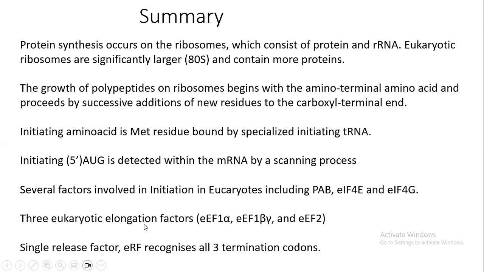Three eukaryotic elongation factors include eukaryotic elongation factor 1 alpha, eukaryotic elongation factor 1 beta gamma, and eukaryotic elongation factor 2. And lastly, a single release factor can identify all three termination codons.